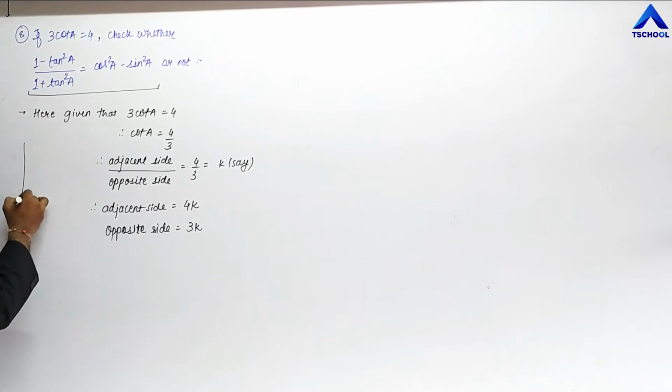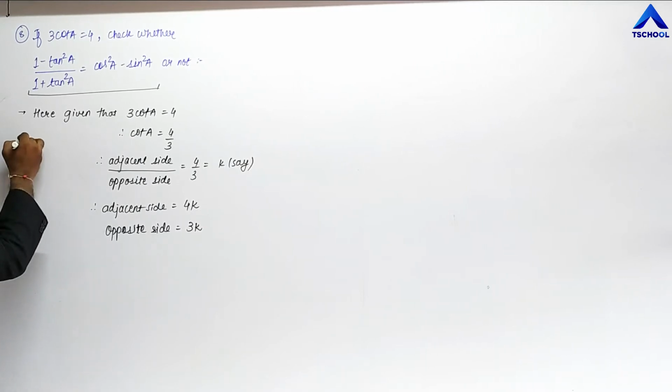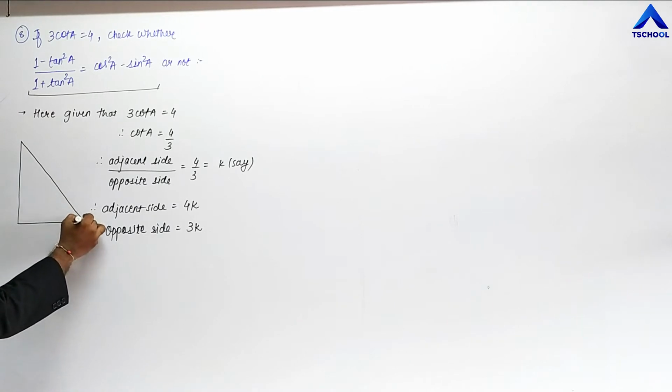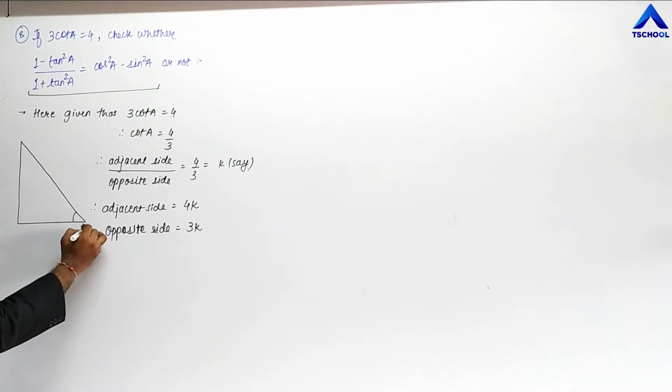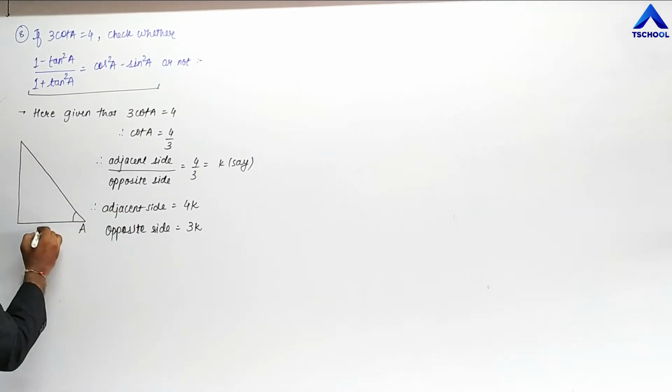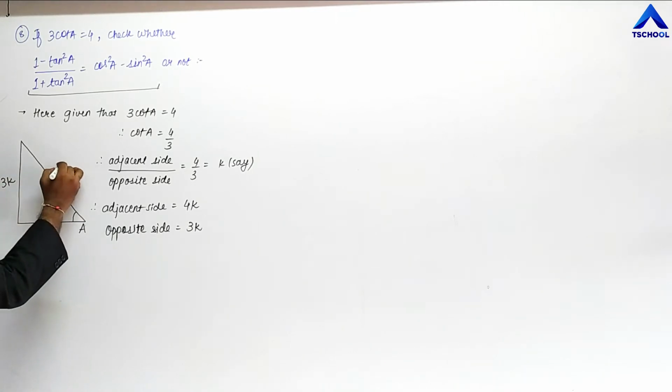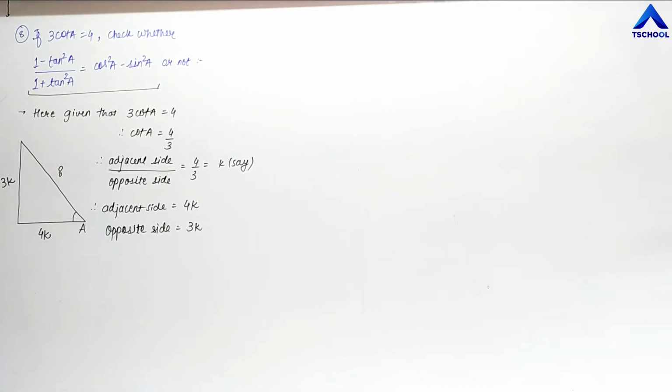If I draw a triangle here, and if I take this as our angle A, then this will be the adjacent side 4K, this will be the opposite side 3K, and this is the hypotenuse which we don't know, because we will require the hypotenuse to find out cos A and sin A.